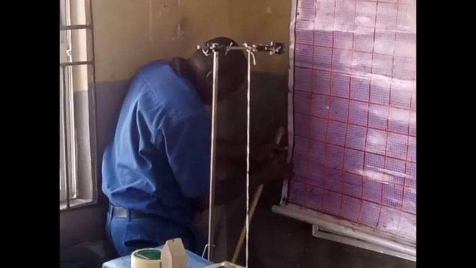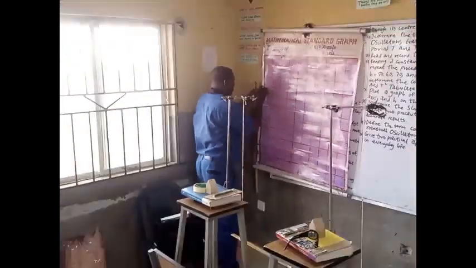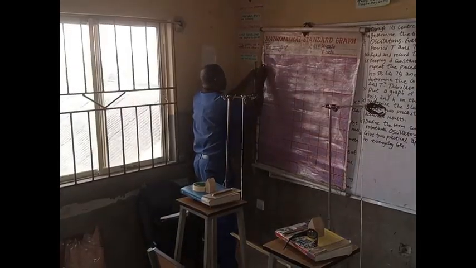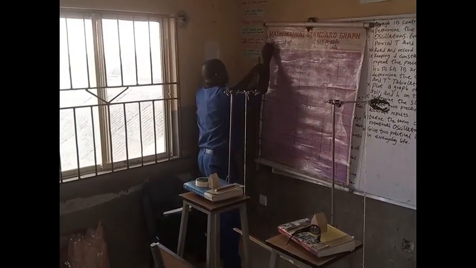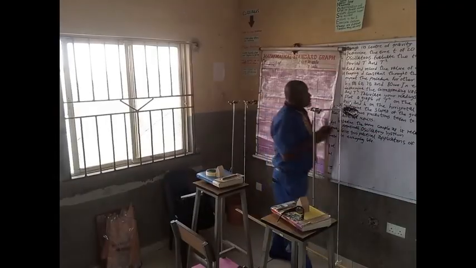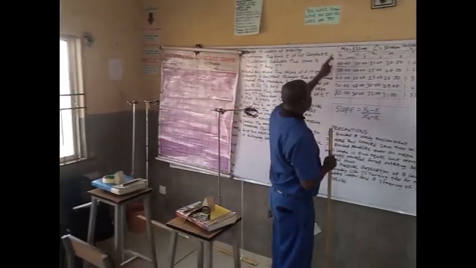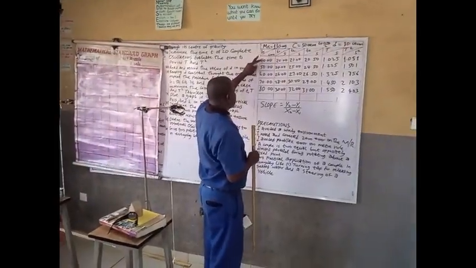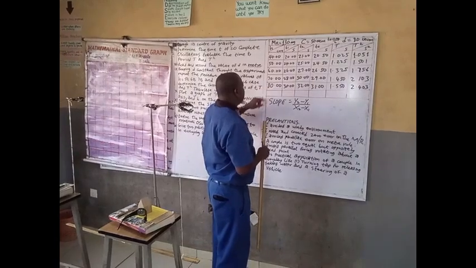So this is 0.0, 0.5, 1.0, 1.5, 2.0, 2.5. That is T squared. Now, the minimum value on the h axis is 40 and the maximum is 80.